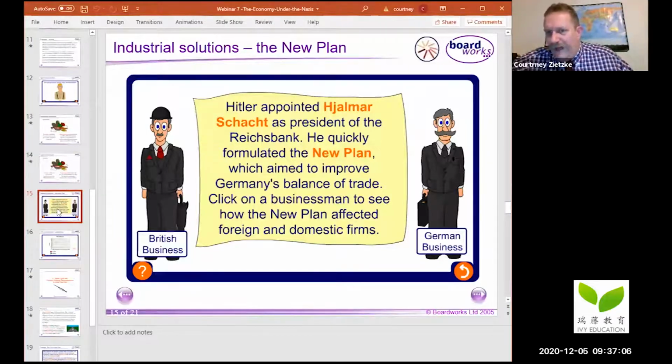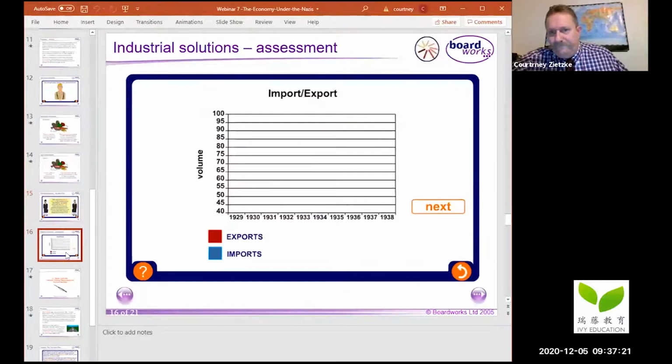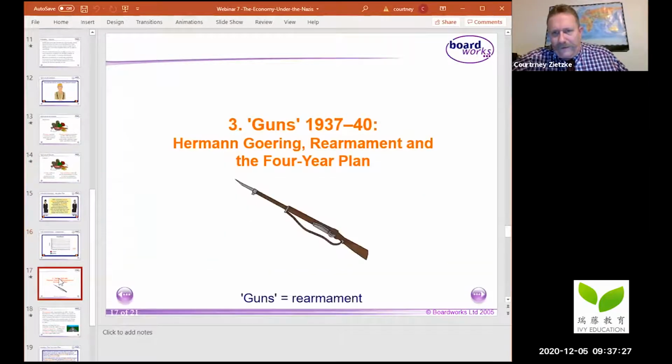He created a debt instrument in order to pay for the food, knowing full well that he was going to get into World War II anyway, and he would eventually never have to pay it back. Interesting. Okay, imports and exports would definitely get better.